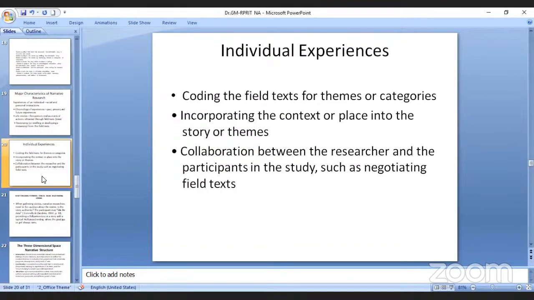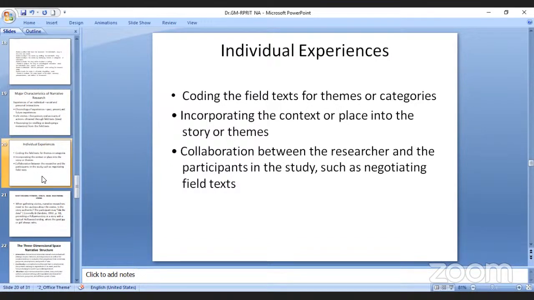Then individual experiences. So coding the field text for themes or categories, incorporating the context or place into the story or themes.